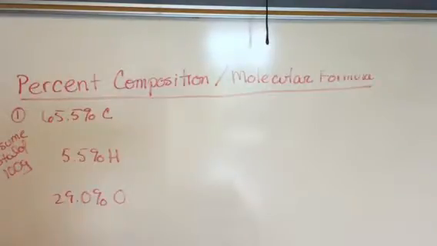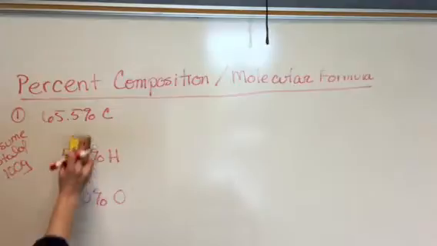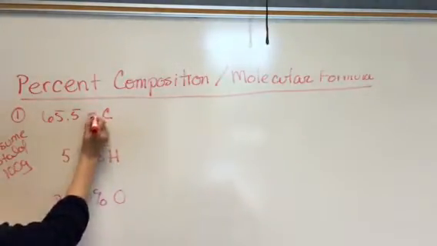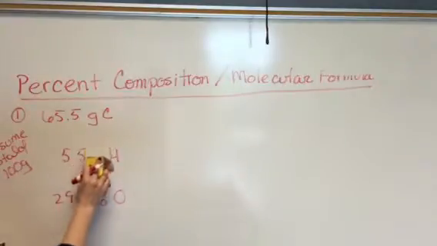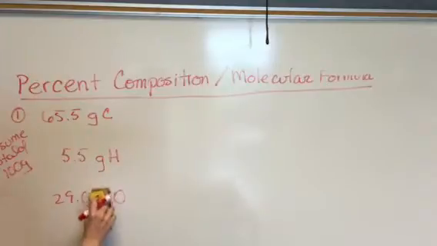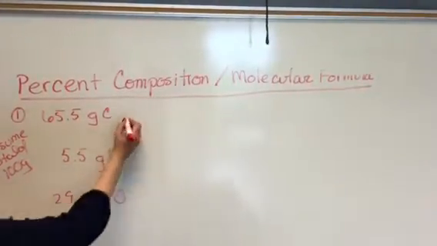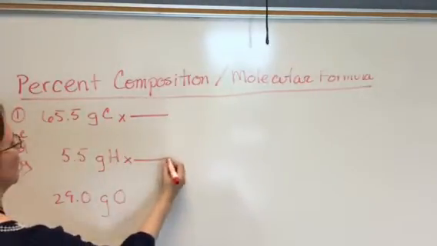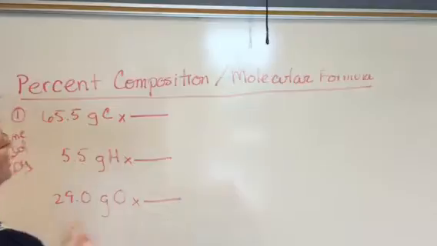If we assume there's 100 grams, instead of writing 65.5% carbon, we change that to grams, and instead of 5.5% hydrogen and 29.0% oxygen, we change them to grams. Now we're going to use our atomic mass from the periodic table for each of these, and convert them to moles.